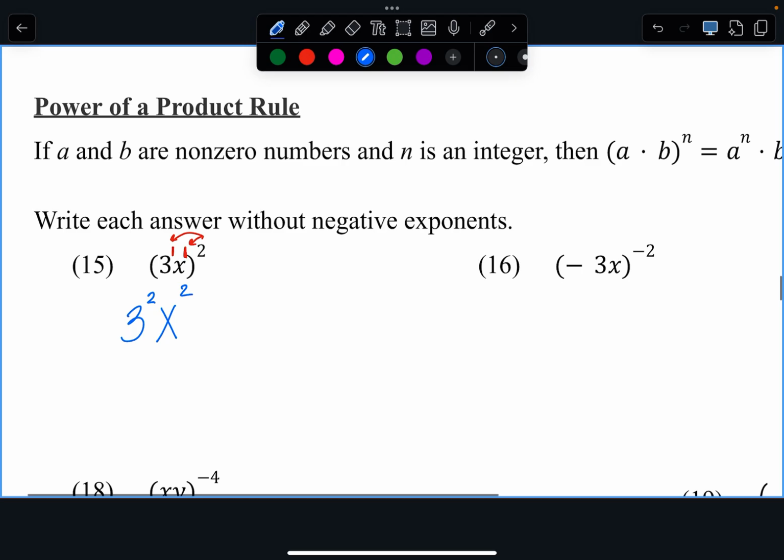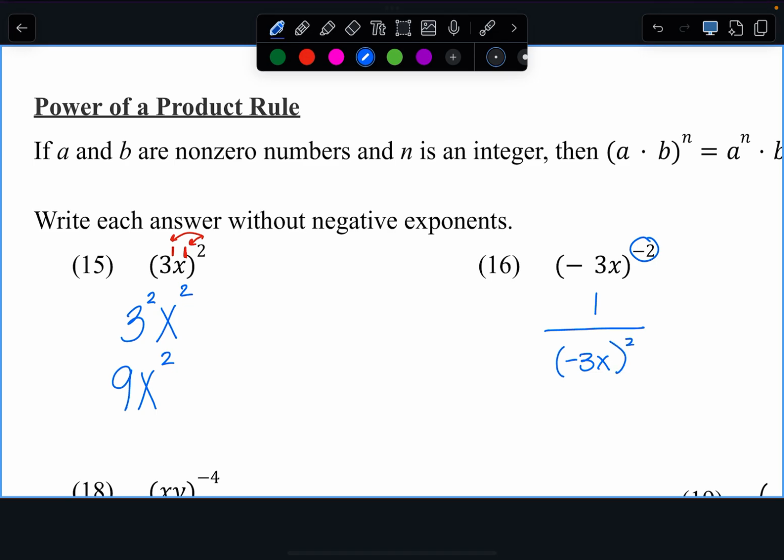What is 3 to the 2nd power? 9, and then we've got x to the 2nd. What happens when we have a negative exponent? Flip it. Let's just flip it first. We okay with that step?